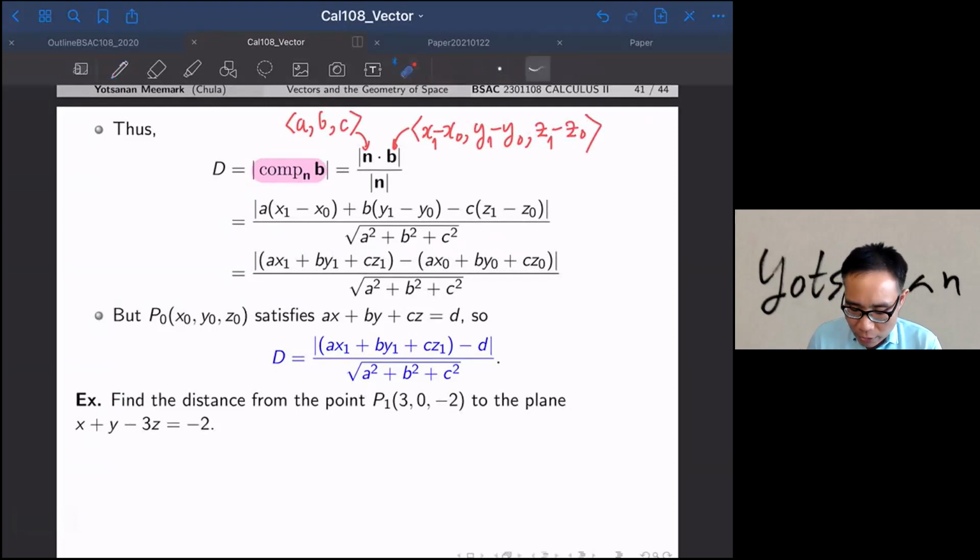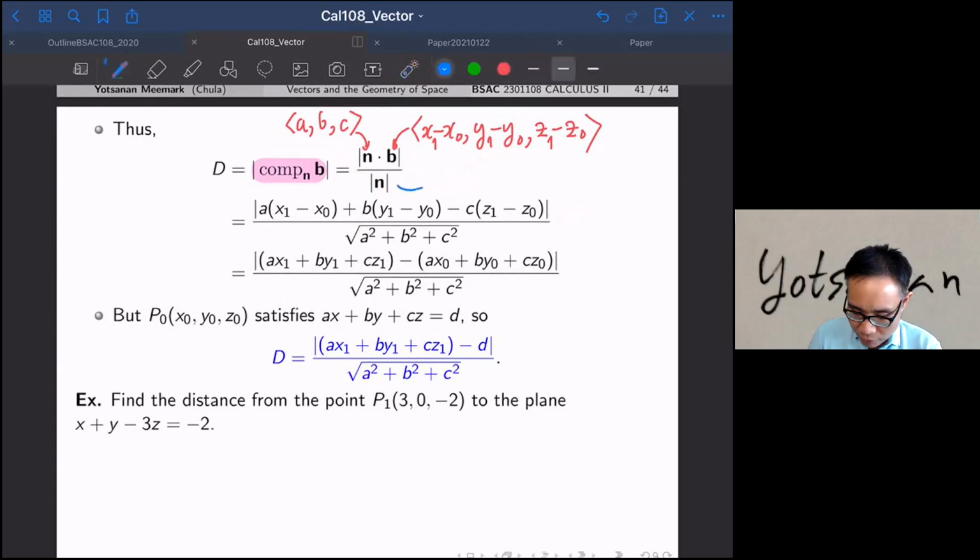You're going to dot A with x1 minus x0, B with y1 minus y0, and C with z1 minus z0. That is the result on top, and you have the norm of n, which is the square root of a squared plus b squared plus c squared, as usual.